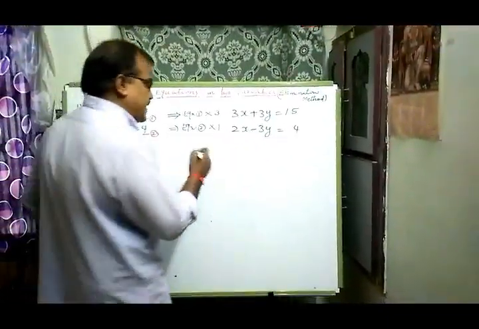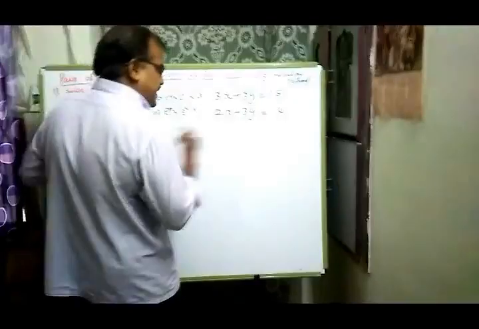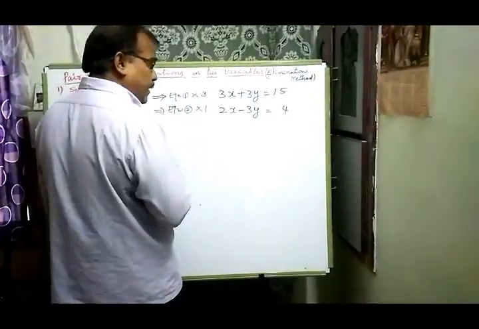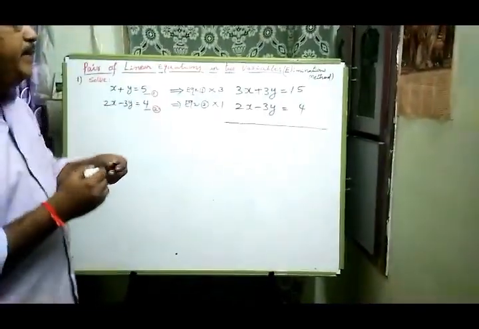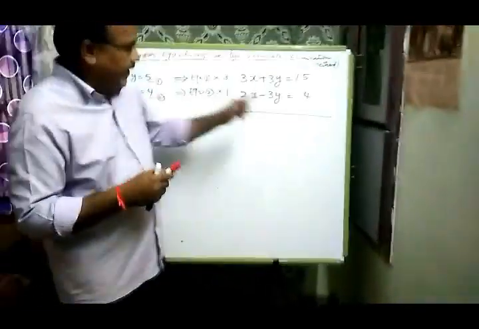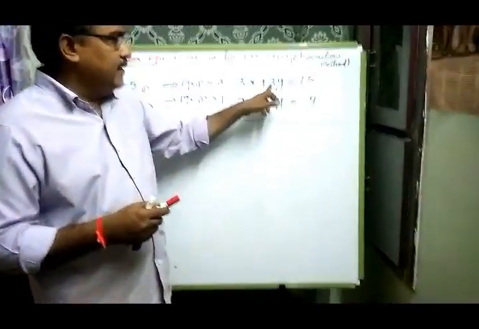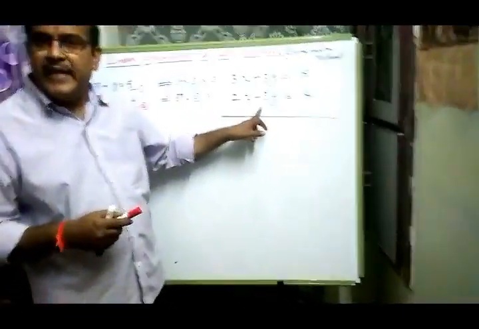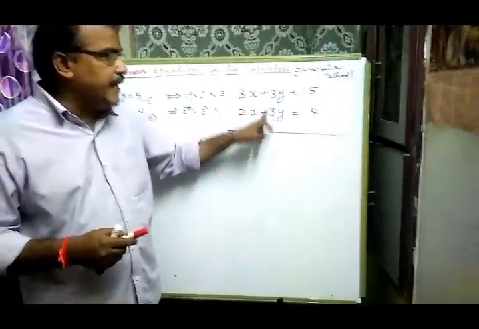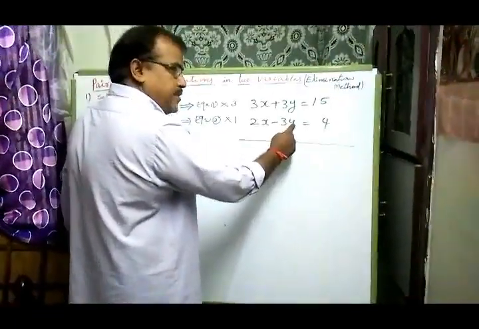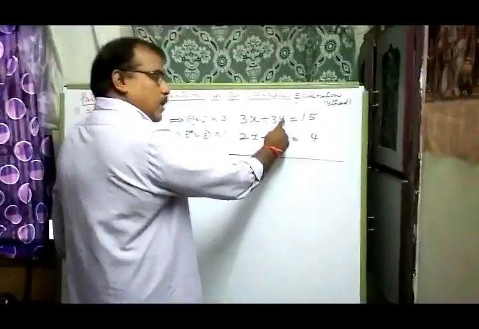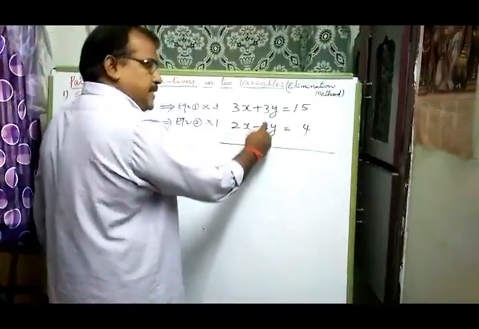Here the very important step is that I am going to eliminate y. Here this is plus 3y, and this is minus 3y. The signs are different, and the coefficient of y is 3 in both.